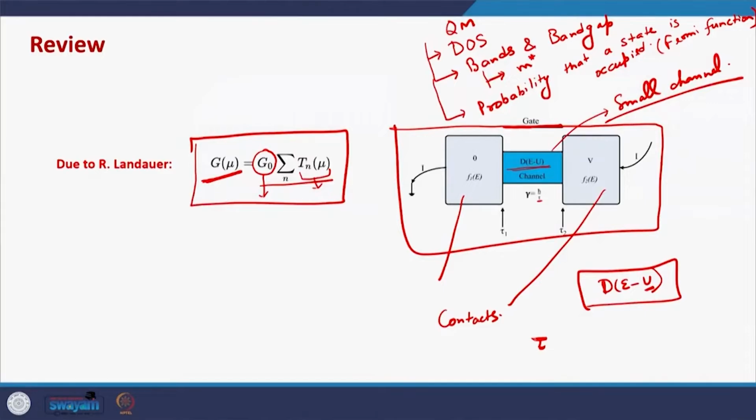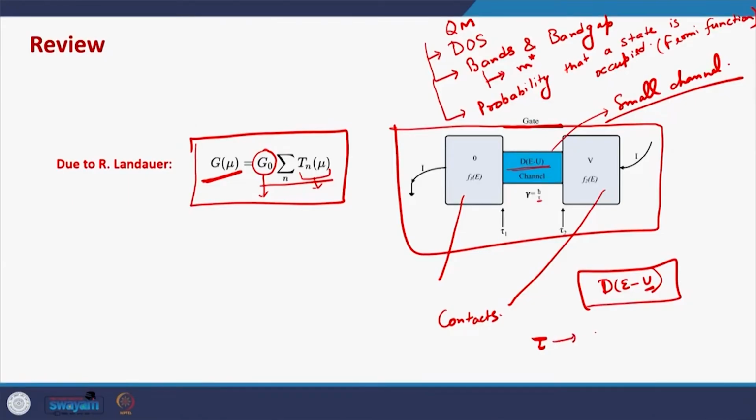So, tau is the time that the electron takes from the contact to travel through the device. So, tau is the time that the electron takes to travel from the contact across the entire device.